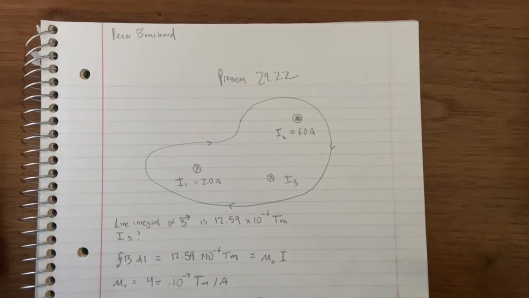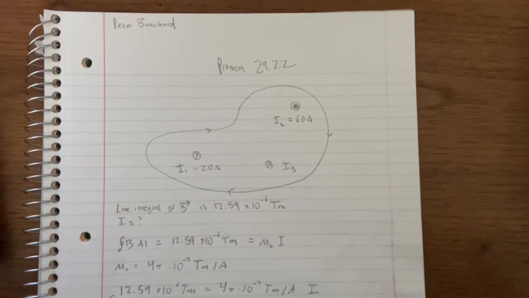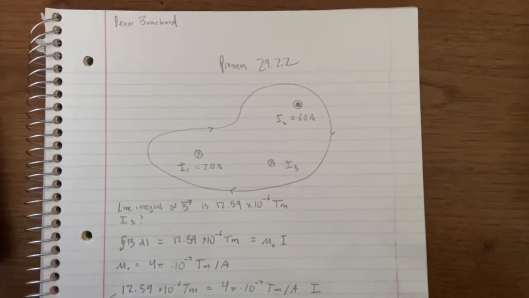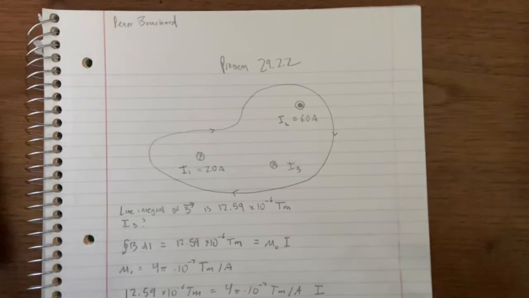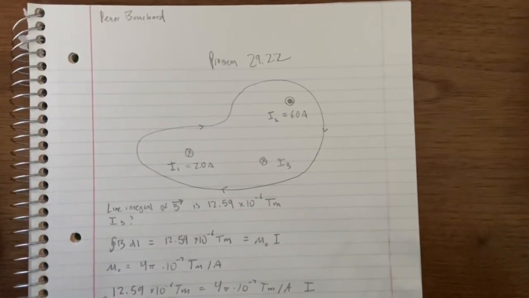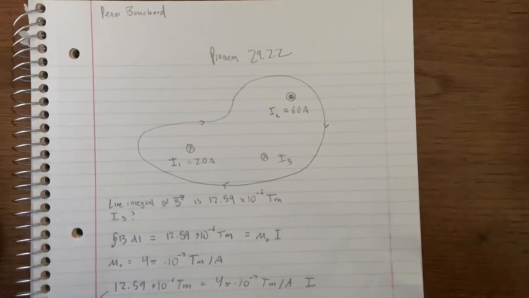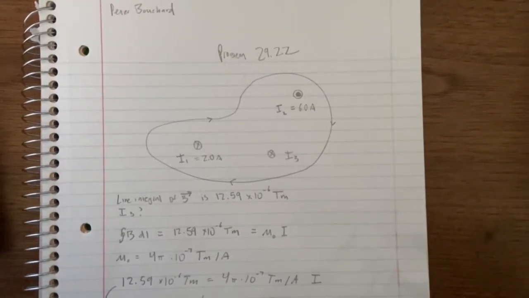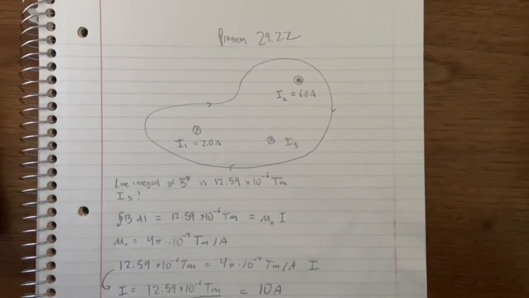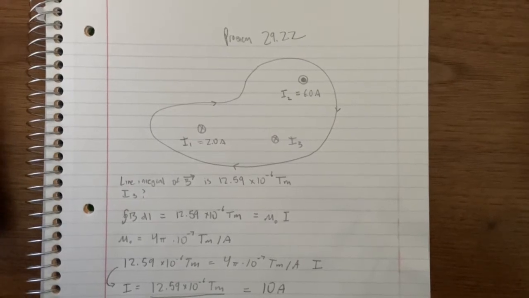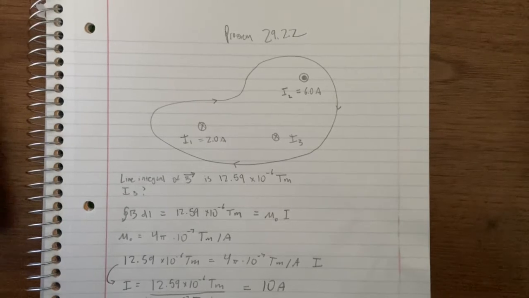First thing we're going to try to do is to somehow relate the total current to the line integral of B of that value. We'll first put this in terms of equations. That value, 12.59 times 10 to the negative 6 milliteslas, is equal to mu naught, the permittivity of free space, times the total current.